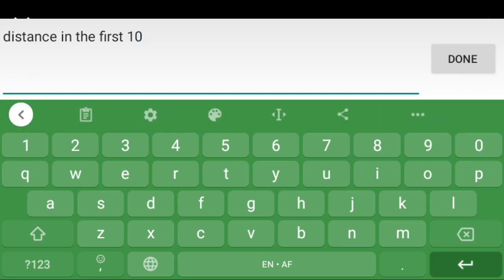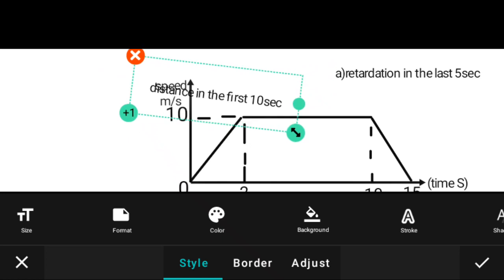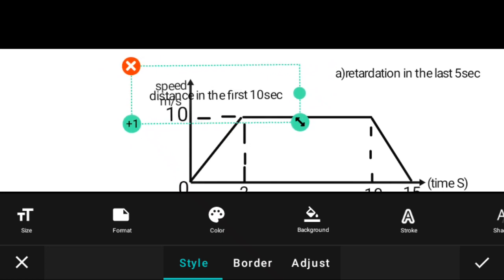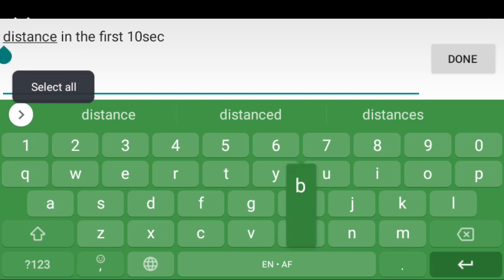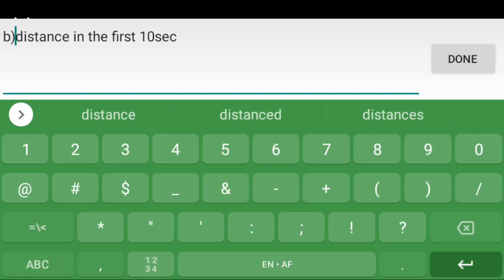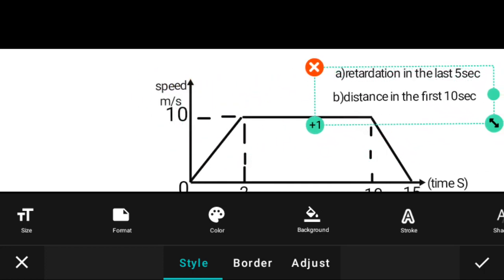That is the next question, which is B. I don't want to bring the question here, because that should take us a little bit of time.